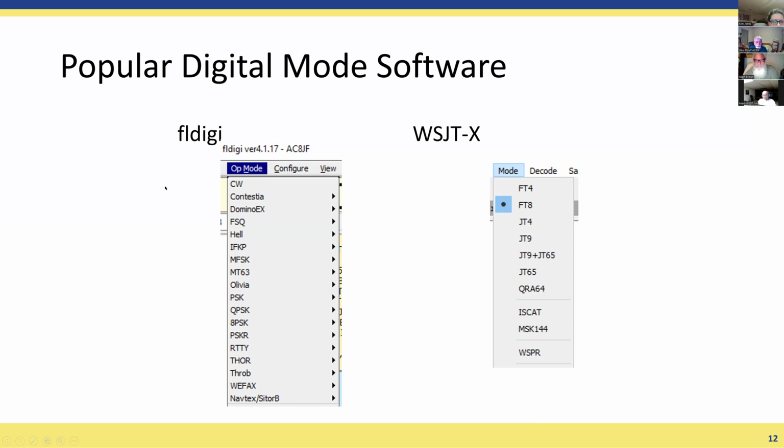You'll notice that the first selection here is CW. It turns out FLDigi can send and receive CW. It can decode CW. It can convert text into Morse code characters that it transmits. And some people use that for contesting so that they're not constantly pounding on the key.